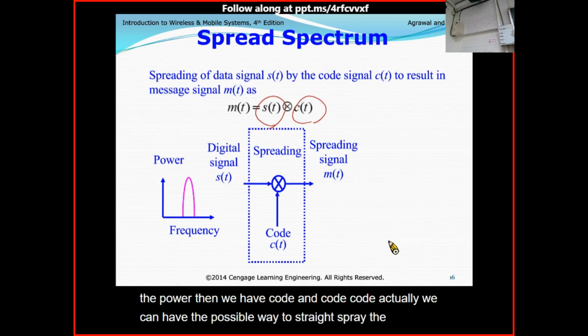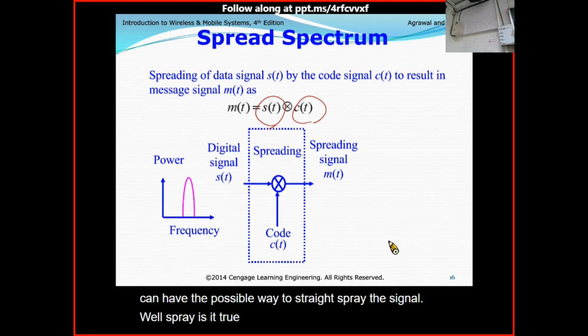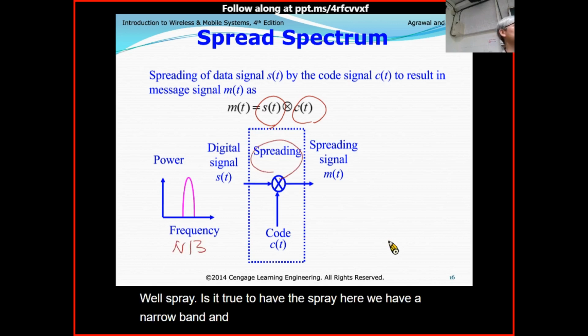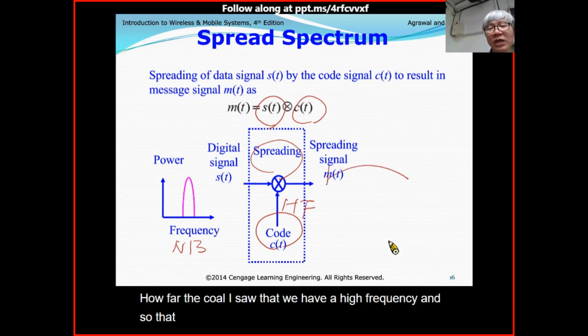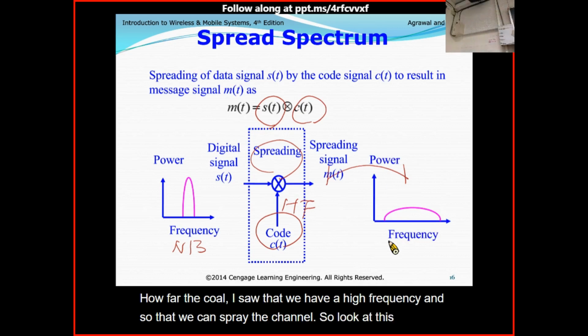Here we have a narrow band. And through this we can have a spread because we have the code, and so that we have a high frequency. And so that we can spread the channel. So look at this. Spread the channel, right?